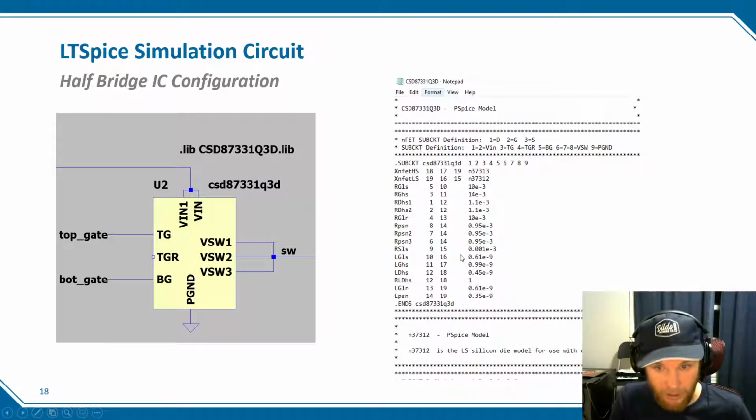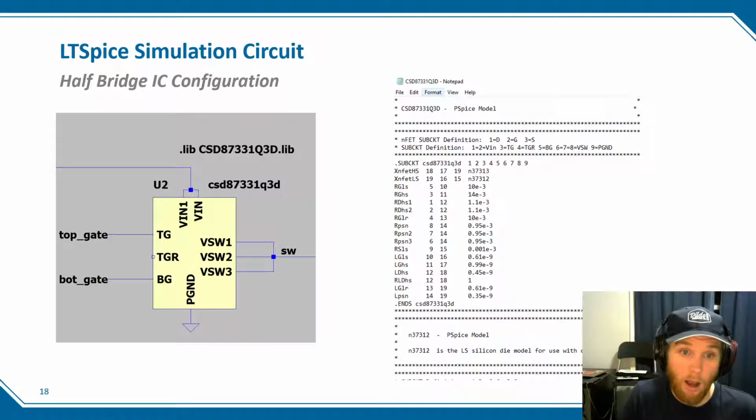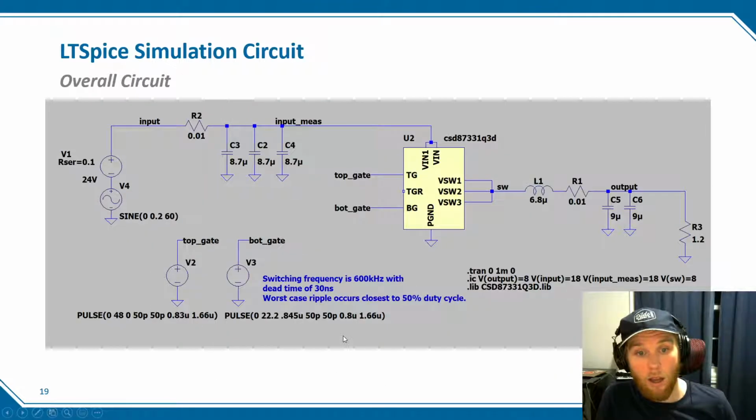And then finally, for the half bridge gate driver, I downloaded a SPICE model off of the Texas Instruments website and created a symbol and put that into the simulation. And so finally, this is the total simulation. One thing to note here, or 2 things to note here, is that I modeled the source.